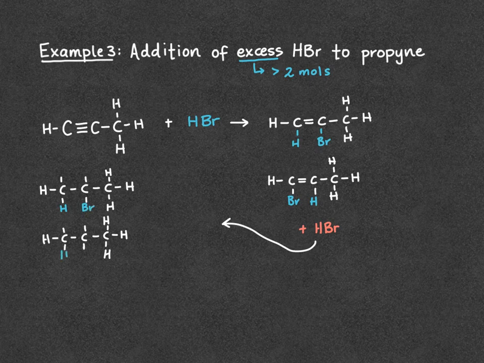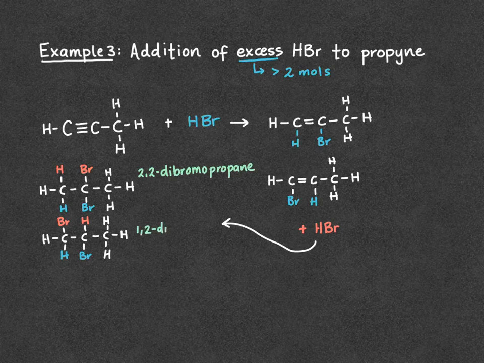So HBr, bromine in the middle. When we add our second HBr, the bromine can go in the middle again, or the bromine can go on the end. So we get 2 different products. And we're going to name these now. So the first product is going to be 2,2-dibromopropane. And the second will be 1,2-dibromopropane.